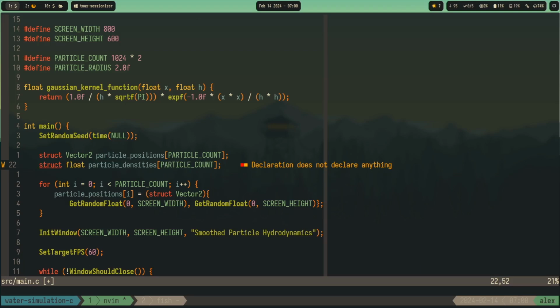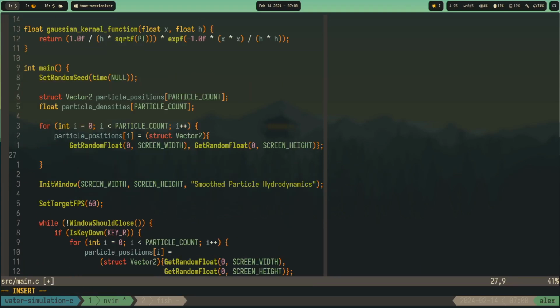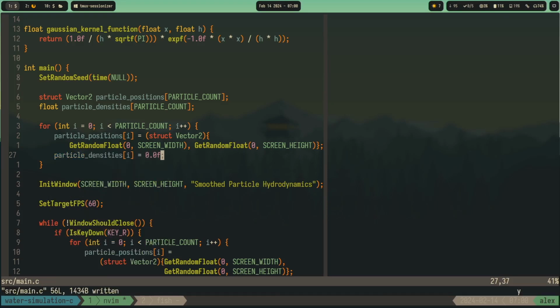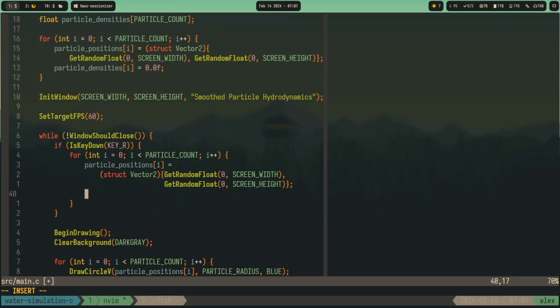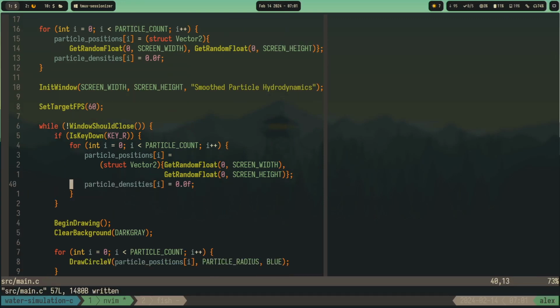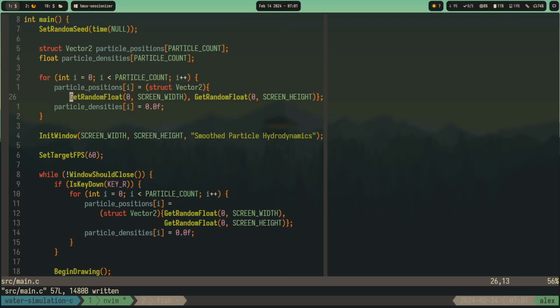Create a, wait, it's not a, I mean that doesn't matter if we initialize it to 0. We could set particle densities to 0 here, and also in the restart. I mean, sure, fair enough.